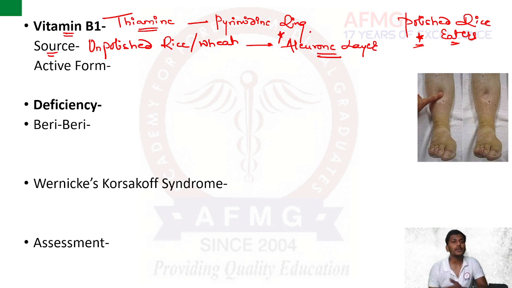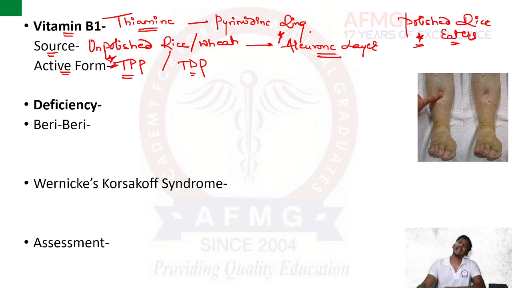Please remember. Then if I ask you which is the active form of thiamine, the active form is thiamine pyrophosphate, sometimes also referred to as thiamine diphosphate. The most active or potent form would be thiamine pyrophosphate. Please remember, thiamine pyrophosphate is used as a coenzyme. We already saw that water soluble vitamins are used as coenzymes at multiple places.